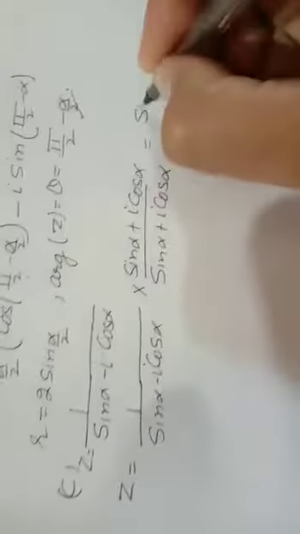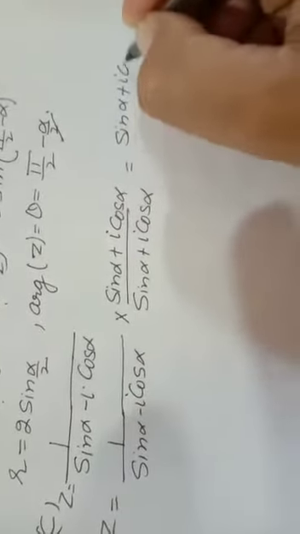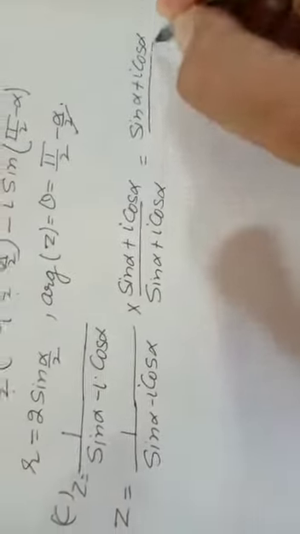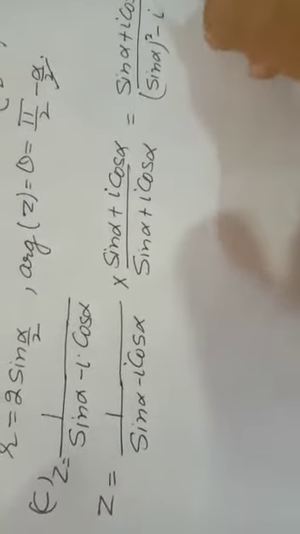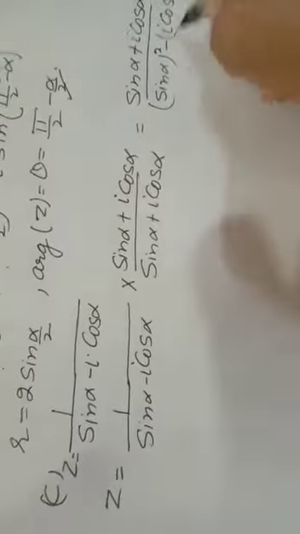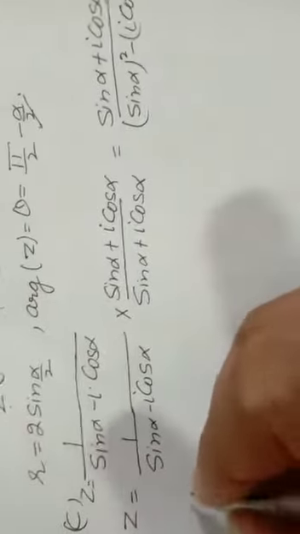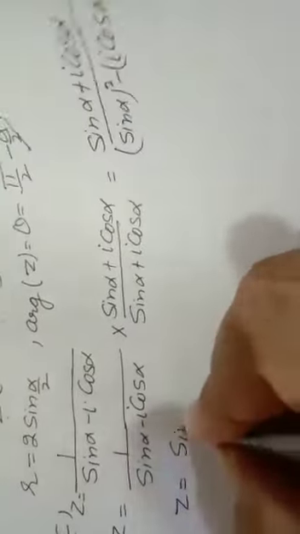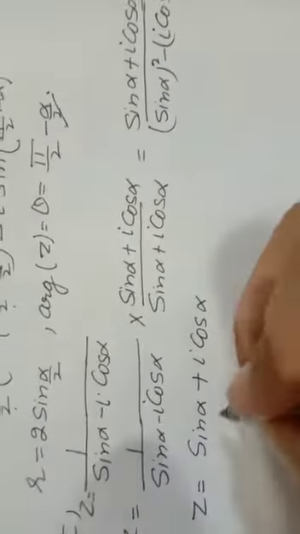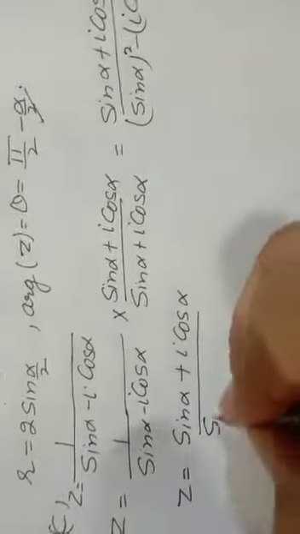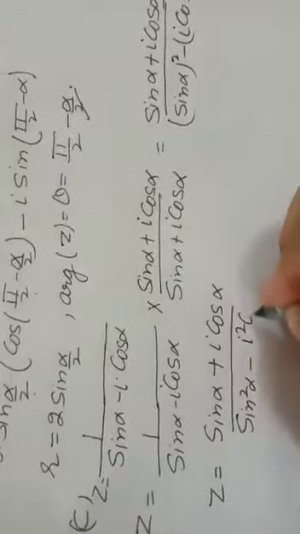You will get sin alpha plus iota cos alpha over, then again the a plus b, a minus b formula is applied, so it becomes sin alpha whole square minus iota cos alpha whole square. This expression is coming. Then z is equal to sin alpha plus iota cos alpha over sin square alpha minus, as it is, iota square cos square alpha.